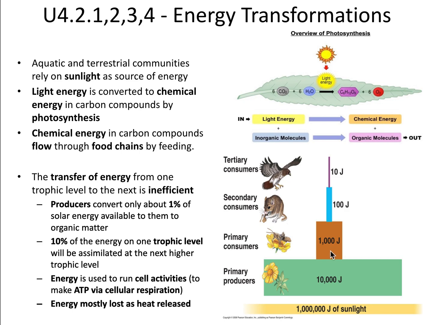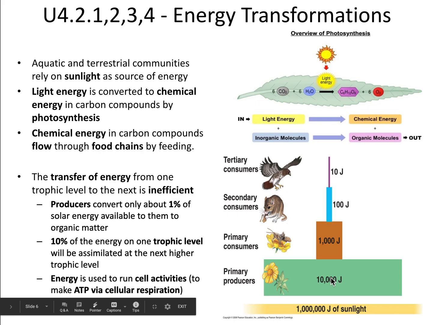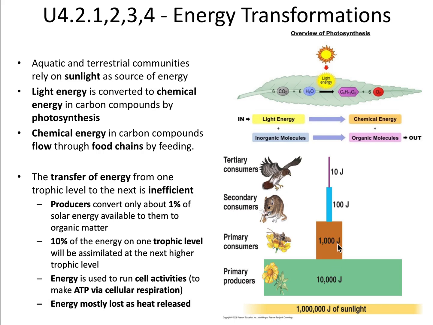Okay. Then energy is used to run cell activities for these animals. So then more energy is lost. So they're going through cellular respiration, trying to make their own ATP or energy. So they're using the sugar that the flower gave them, they're producing it into ATP so they can move. And then also we get hot as our metabolism is trying to help us do cellular respiration.